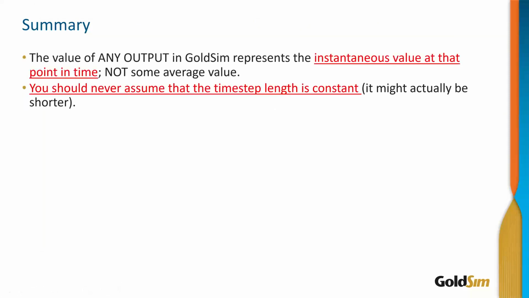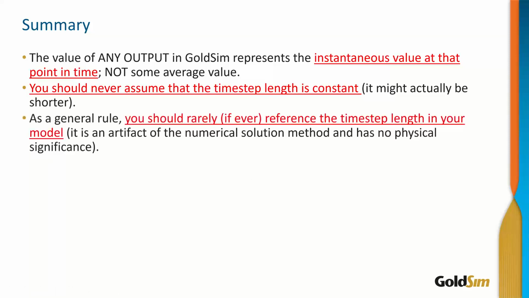Okay, that's all I wanted to talk about today. I just want to summarize these things. Remember that the value of any output in GoldSim represents an instantaneous value. It's not an average value. In general, you should not assume that the time step length is constant. It may actually be shorter. You should rarely, if ever, reference the time step length in your model.